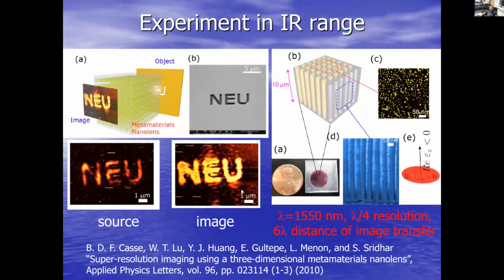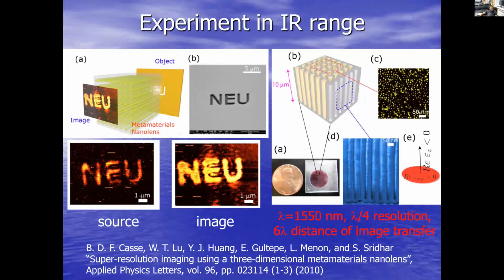Over here, the wavelength was 1.5 microns, and resolution was 4 times smaller than the wavelength. So it's already sub-wavelength, but already with immersion lenses, you can get something close to this. But over here, the distance between image and the source was 6 wavelengths, so comparable to what I was doing in microwaves, but in the infrared range already.